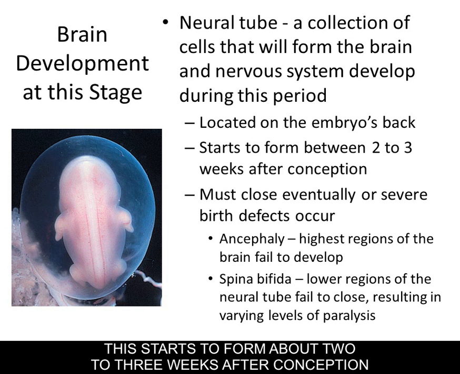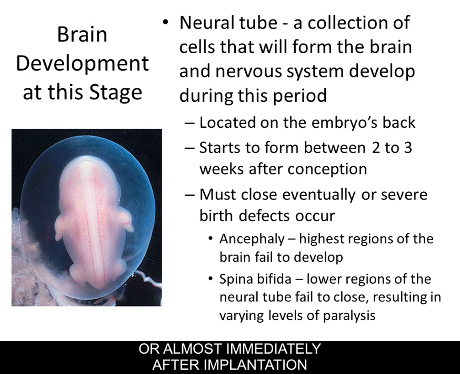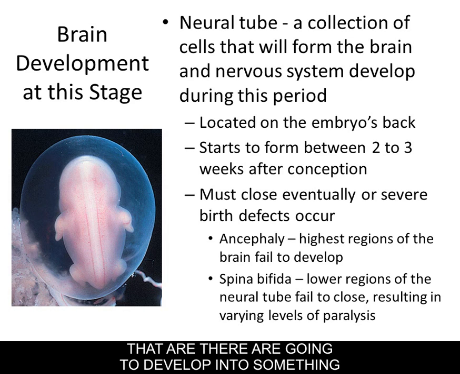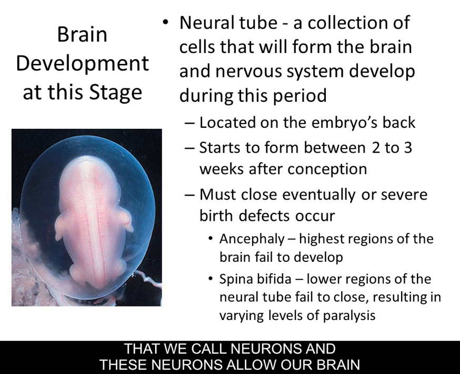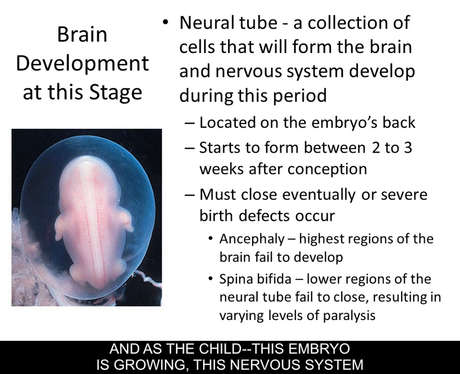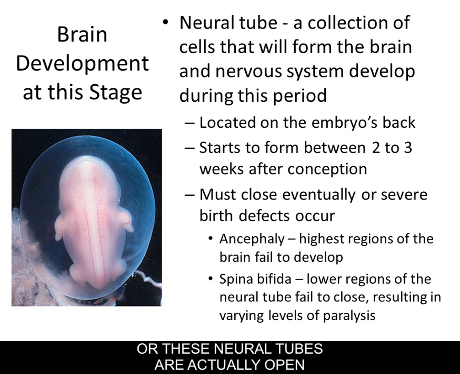This starts to form about 2 to 3 weeks after conception, or almost immediately after implantation, and this neural tube continues to grow. And the cells that are there are going to develop into something that we call neurons. And these neurons allow our brain to eventually form and to communicate with the rest of our system. And as this embryo is growing, this nervous system, or these neural tubes, are actually open, and they're continuing to grow as the embryo continues to expand.